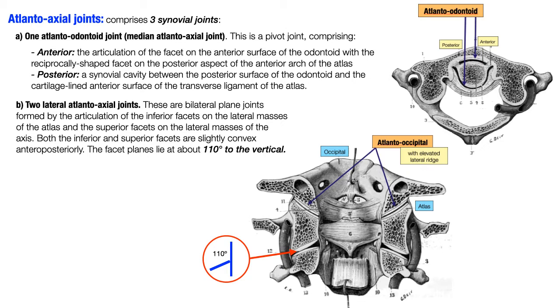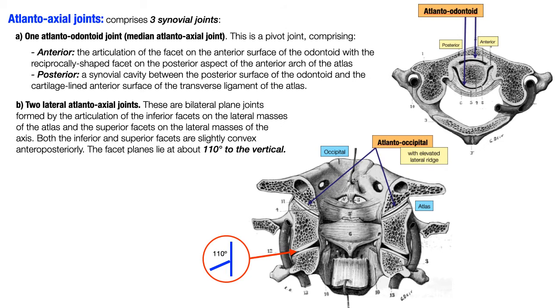The atlas and the axis articulate by means of three synovial joints. One of them is in the midline and it's called the atlanto-odontoid joint, which is a pivot type joint.